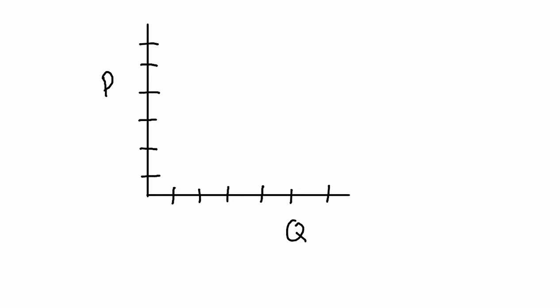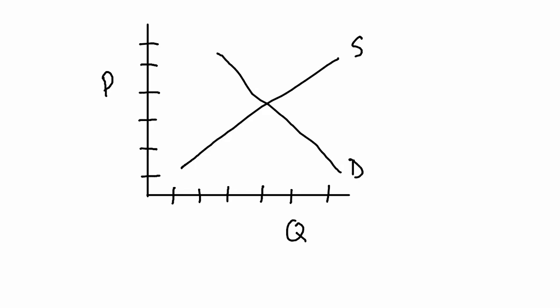We know typically a supply curve goes like this and the demand curve goes like that, but you don't know those lines without the particular numbers along the line. So you first have to have the numbers from a schedule.